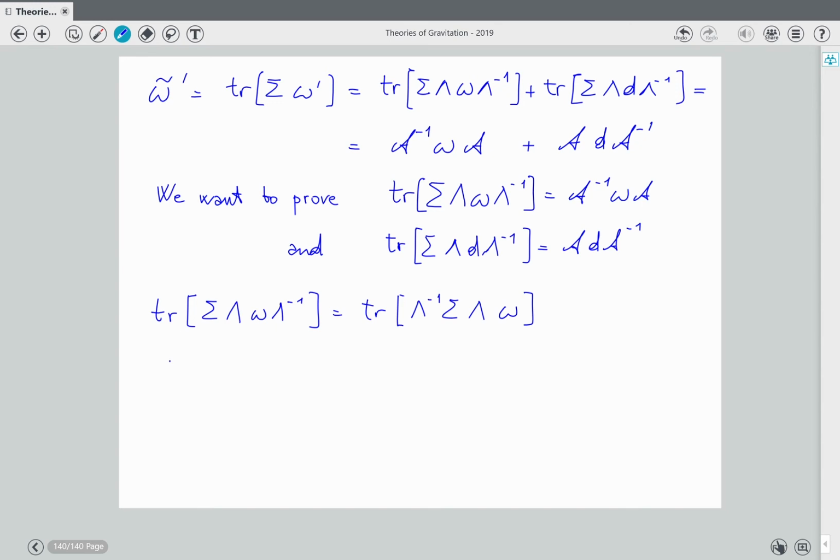And let's consider lambda to the minus 1 sigma lambda then, AB. That will be equal to lambda to the minus 1 AC sigma CD lambda DB.